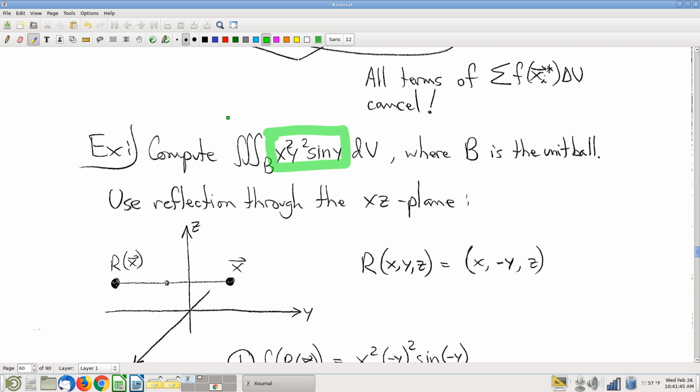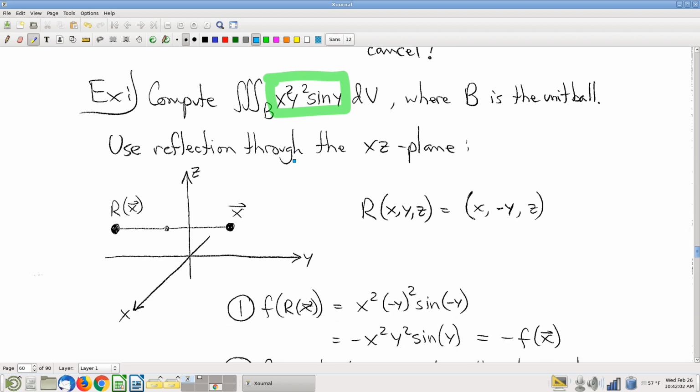Nope. That minus sign gets squared, so changing x to negative x doesn't do anything. If you change z to negative z, there are no z's in the formula, so again nothing happens. But if you put a minus sign on the y, the y squared will make the minus sign go away, but sine y turns negative.